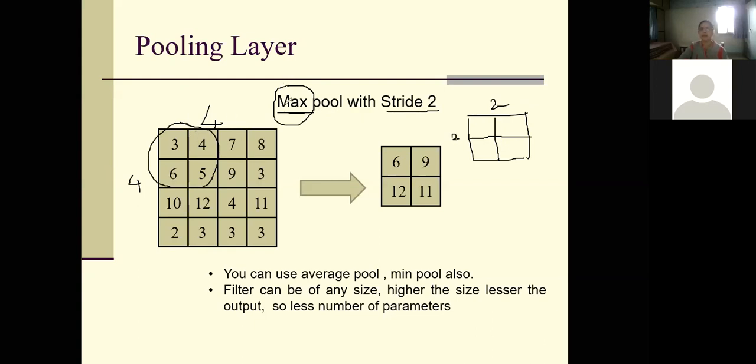The operation is maximum, which means from the given 4 pixels we determine the maximum value. Here the maximum value is 6, so the result of this pooling operation is 6 as shown here. Then we scroll the pooling mask by stride 2. Initially we align the mask at this position, so for the next operation your mask will be here, because the stride is 2.